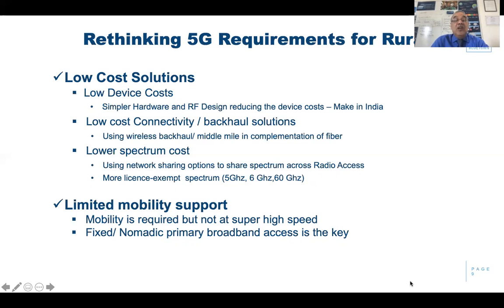We don't need the autonomous car here. We don't need a mobility of 200 kmph or more, not the super high speed. What we need in rural areas is basically a primary broadband access which can be fixed, nomadic, or maybe at a low speed.